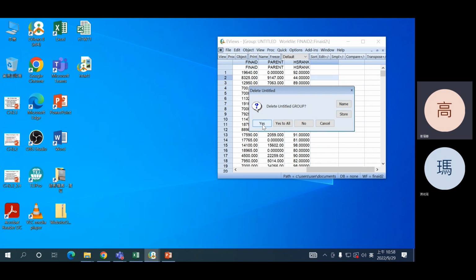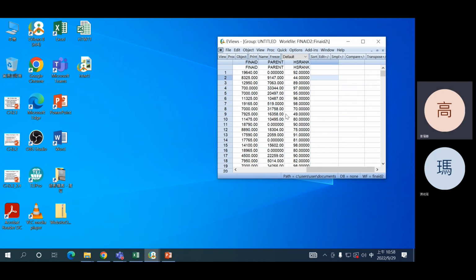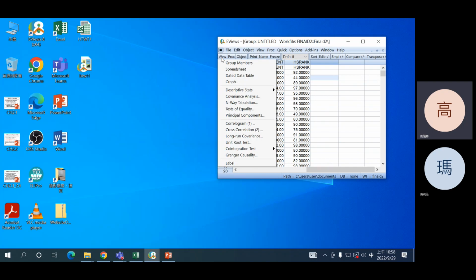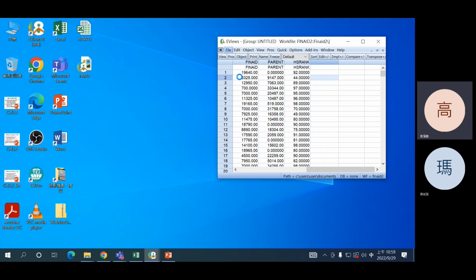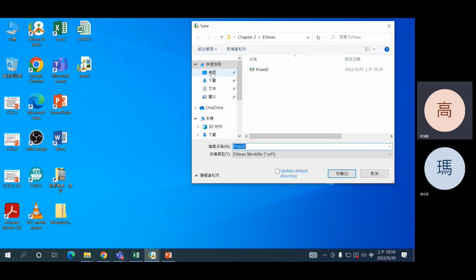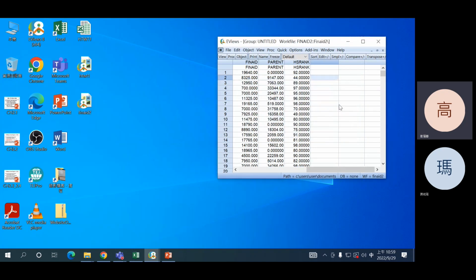How do I create a new variable? Where do I get it from? Let me save it in the new financial file.